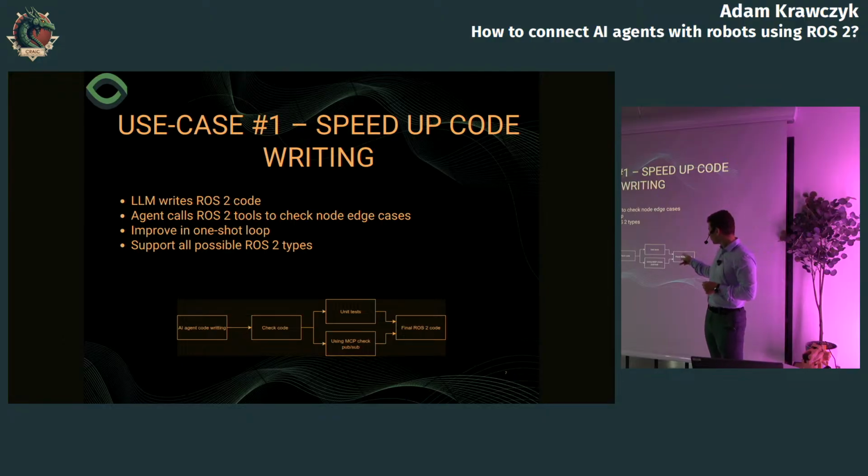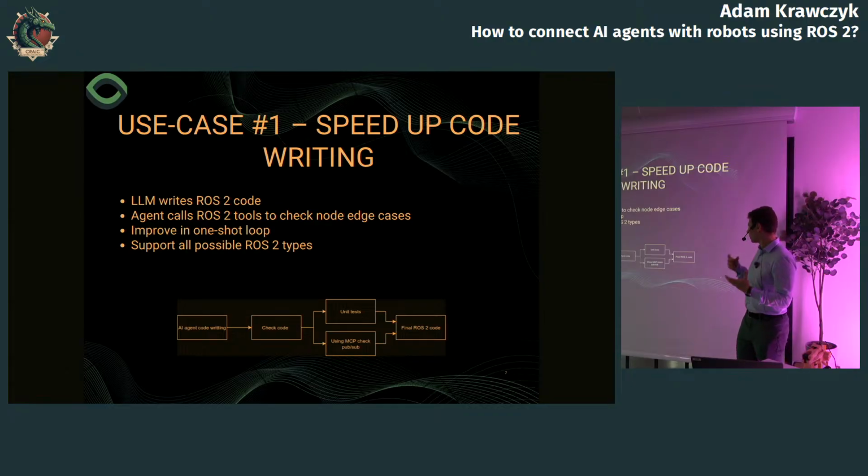And at the step of unit tests, we were using MCP to force the agent to publish some ROS2 data, and also at the output of the node that the agent was writing, get the result and only accept when the results were close enough. And it's working. This was super surprising, but it was working.